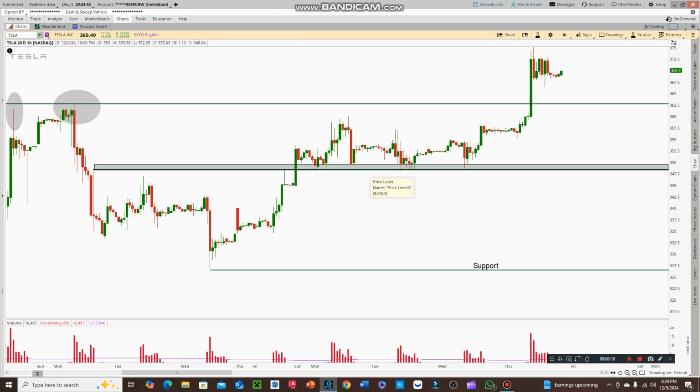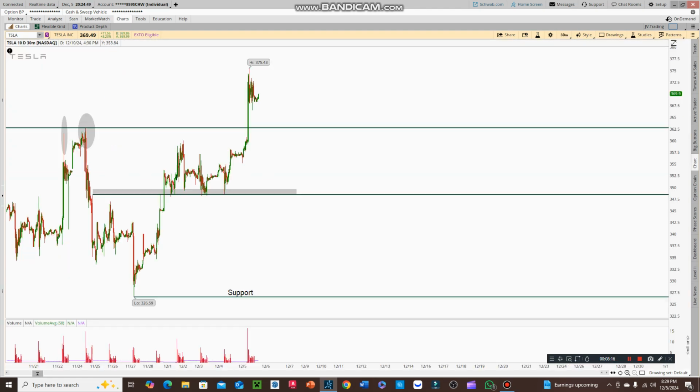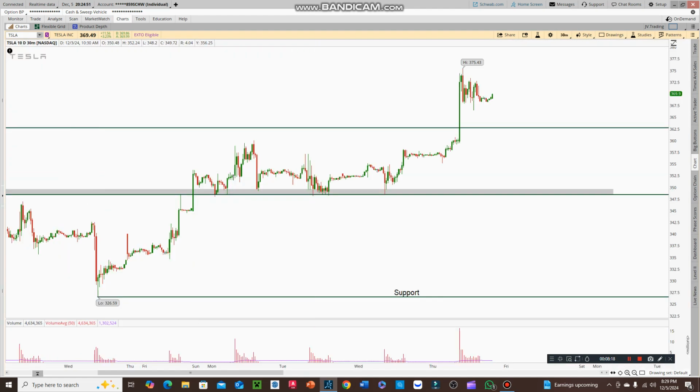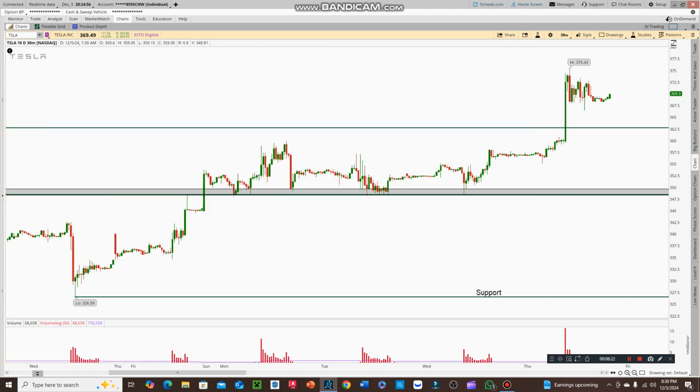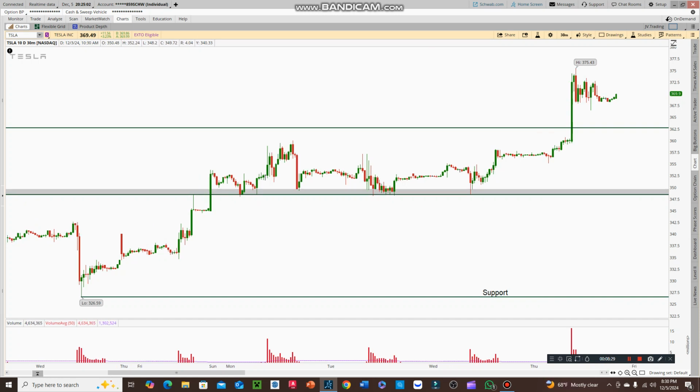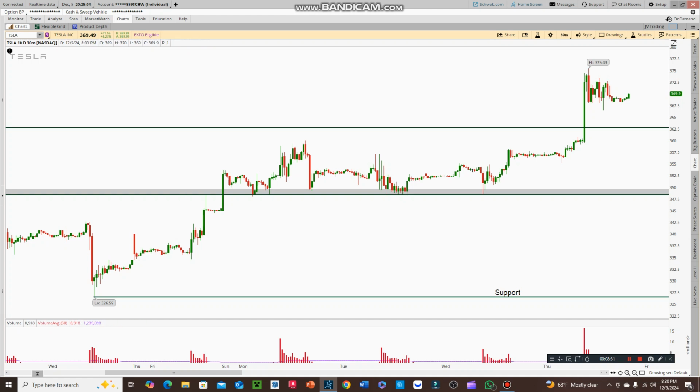So, I'm done with that. I looked at this. I saw this area here. So what I did next is I moved into the 30-minute time frame to assess the trade a little more, to see any entries I can take on this. This was on Tuesday, right?